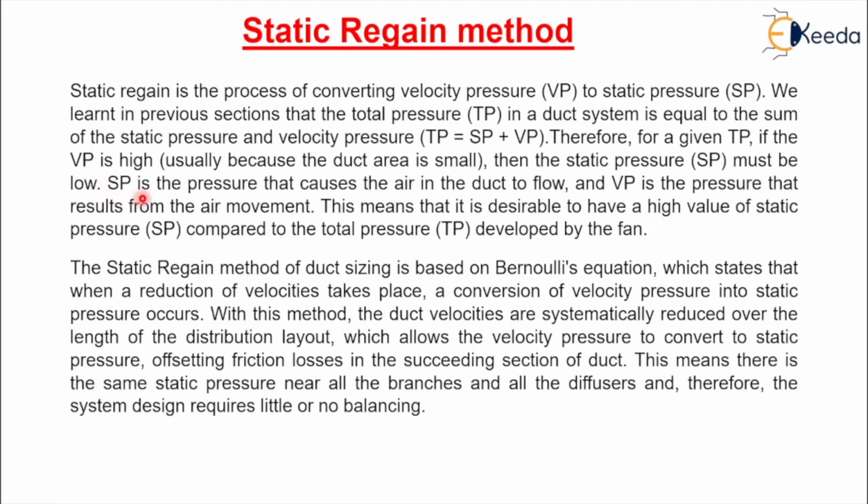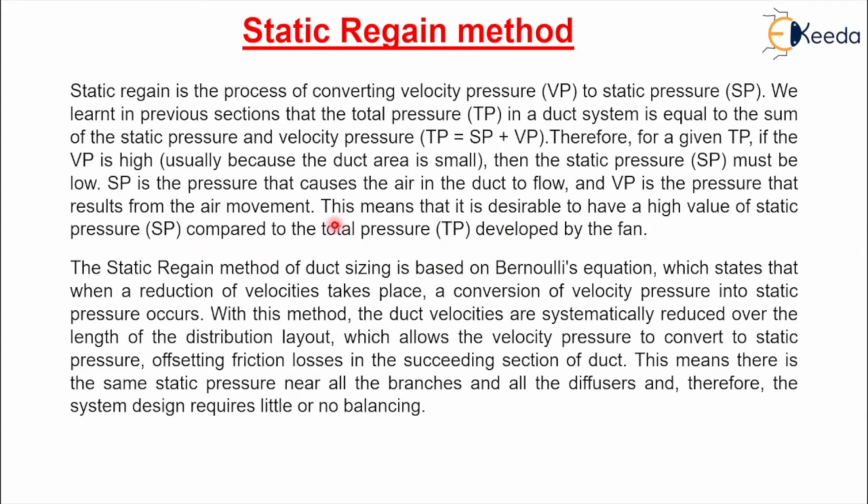And static pressure is what causes the air in the duct to flow, because of the static pressure only the air is flowing in the duct, and the velocity pressure is the pressure that results from the air movement. I have already explained all these terms in my previous videos. This means that it is desirable to have a high value of static pressure compared to the total pressure developed by the fan.